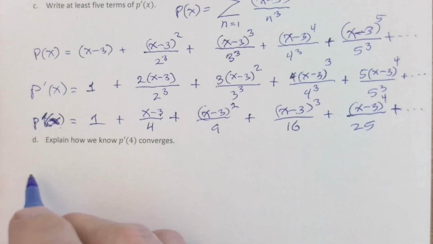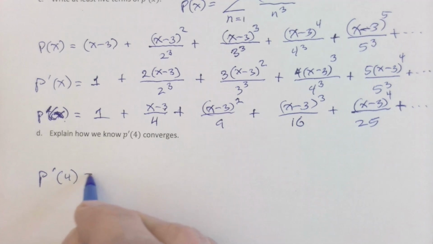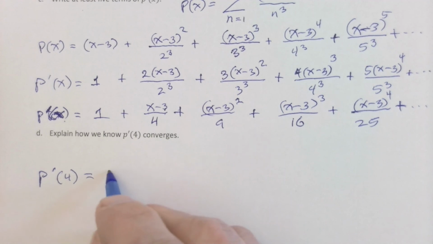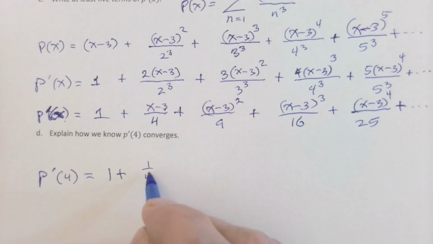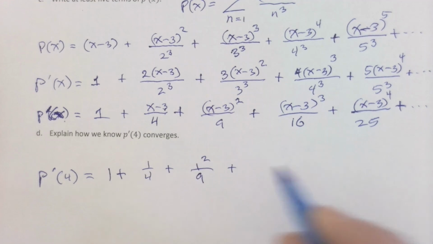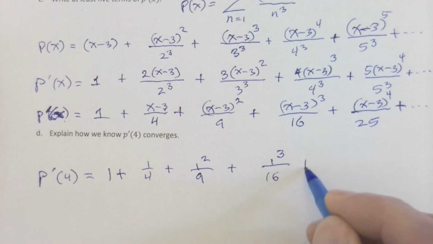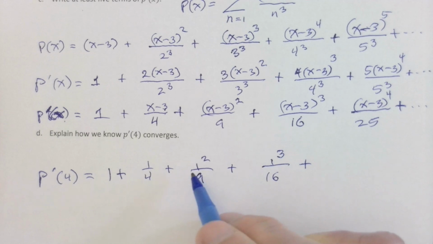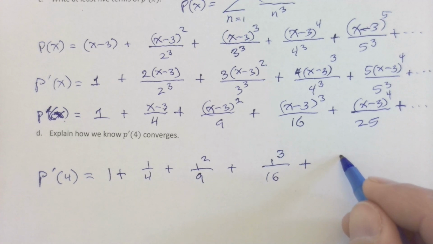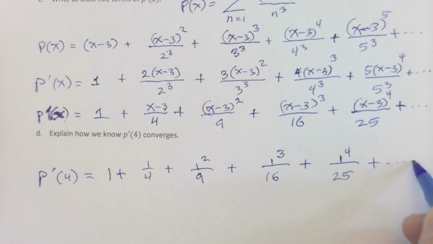And so if you're extra cautious, you might write something out like this. P prime of 4, okay, don't put x here because you're evaluating, is 1 plus 1 over 4 plus 1 squared over 9 plus, again, 4 minus 3 is 1, so I have 1 cubed over 16. But of course, you don't really need 1 squared or 1 cubed or 1 to the 4th for that matter. These are all just a bunch of 1's, aren't they?